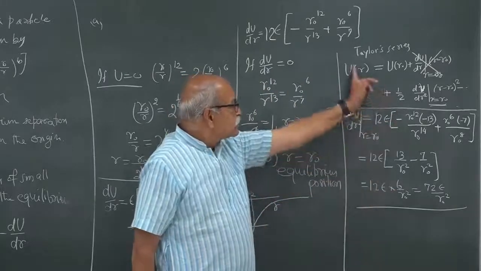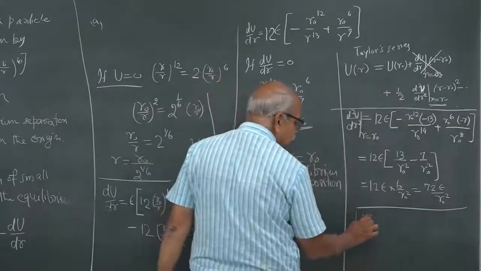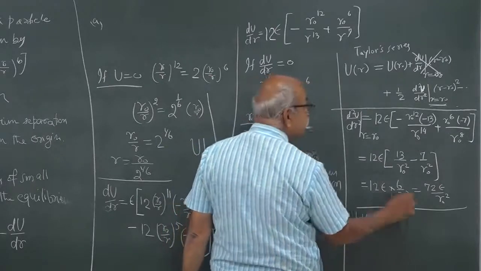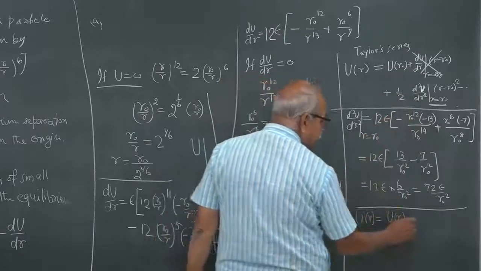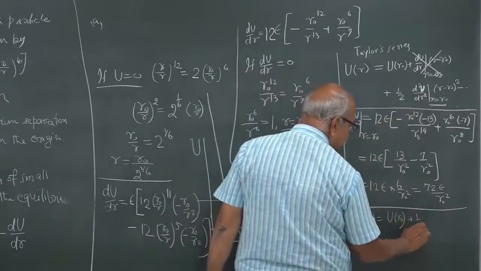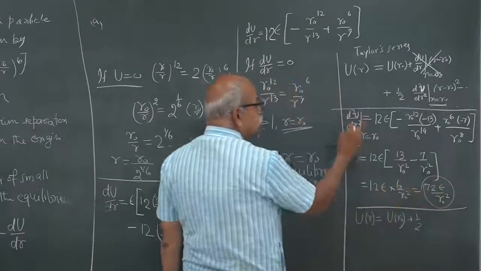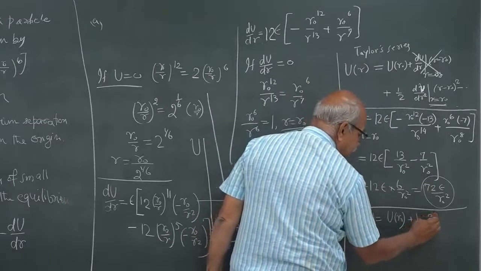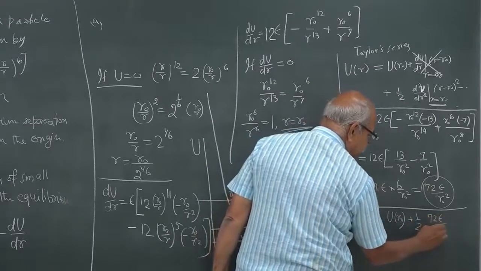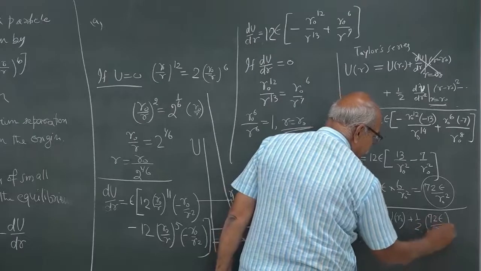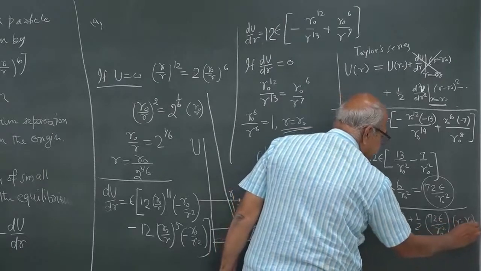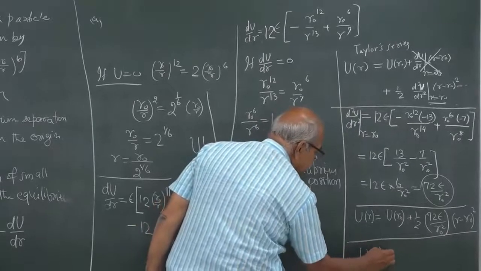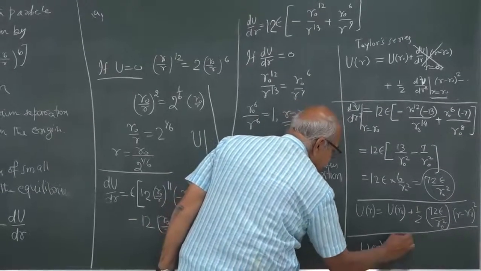Now, look at this term: u of r is equal to u of r naught plus half of this quantity d2u dr square at r equal to r naught. So, that is 72 epsilon divided by r naught square, and then r minus r naught square. Compare with u of x equal to half k x square.